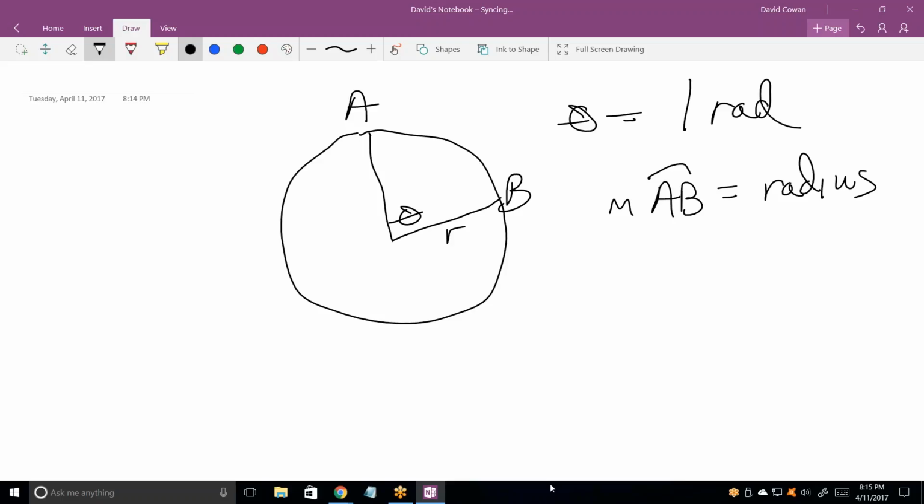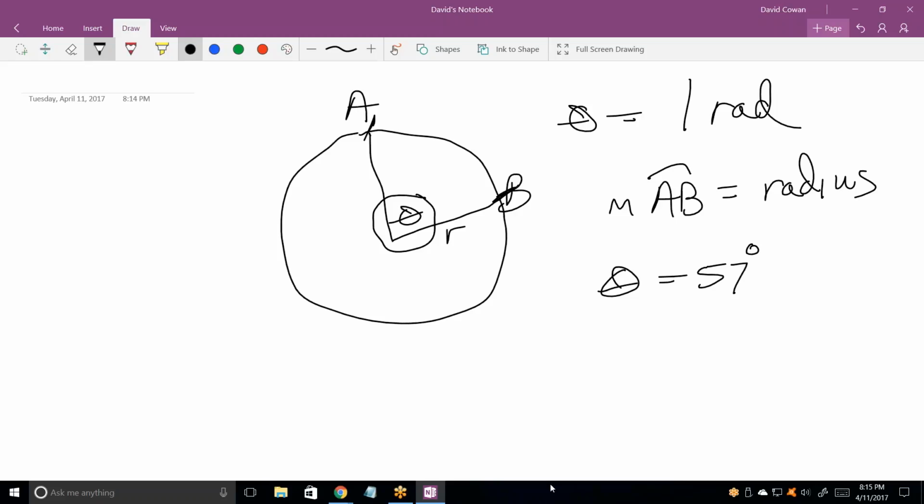If the radius was 5, the measurement of AB would be 5. So theta is whatever angle is necessary such that the radius is equal to that arc measurement. And that angle ends up being approximately 57 degrees.